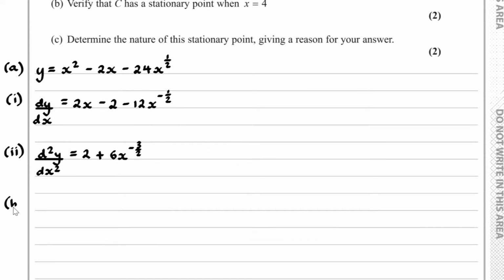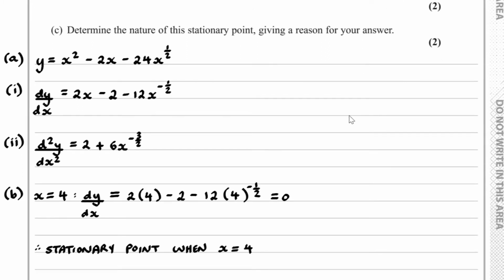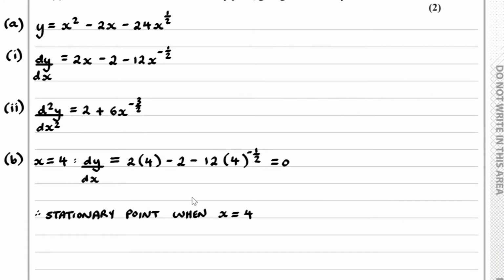And so therefore, for part B, when x is equal to 4, dy over dx is equal to 2 multiplied by 4, subtract 2, subtract 12, multiplied by 4 to the power of negative 1/2. And it turns out here we get 0. And because the first derivative is equal to 0, we can therefore conclude we've got a stationary point when x is equal to 4.